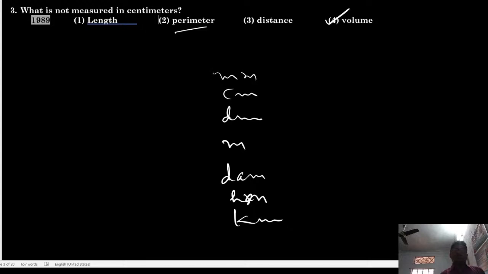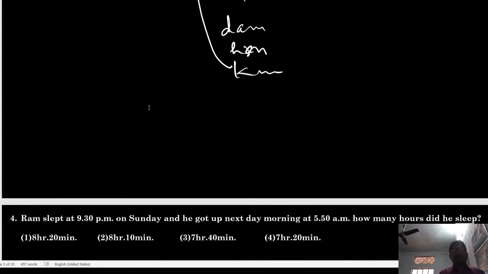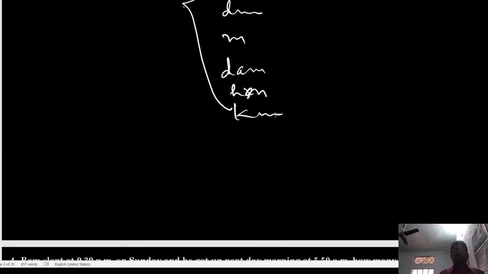So in centimeters you can measure length, perimeter, distance, but volume is not measured in centimeters. So option 4.